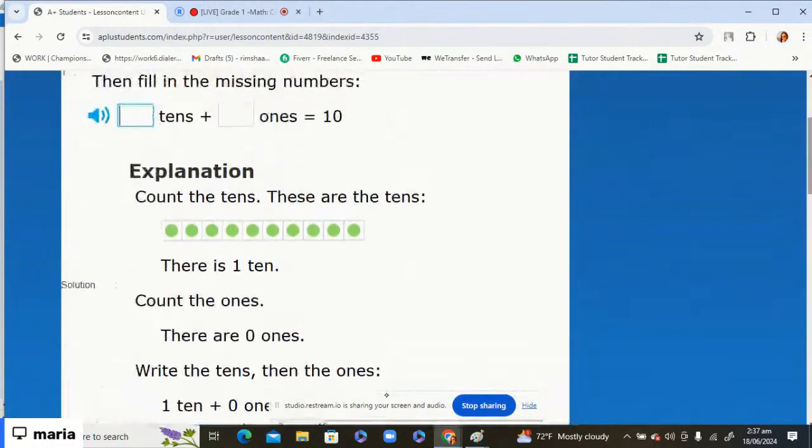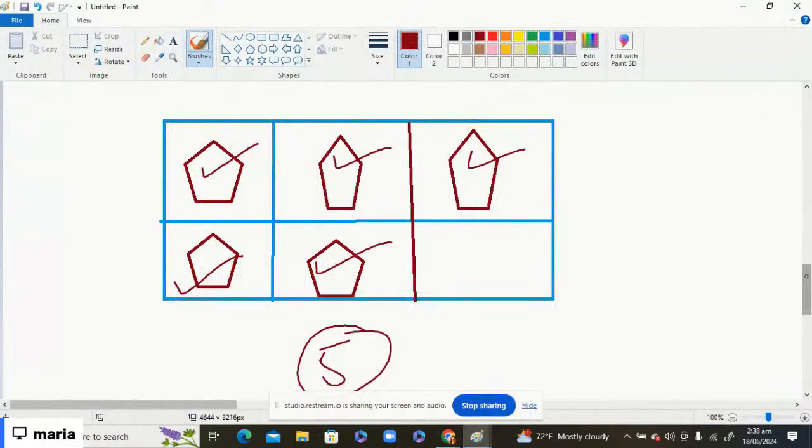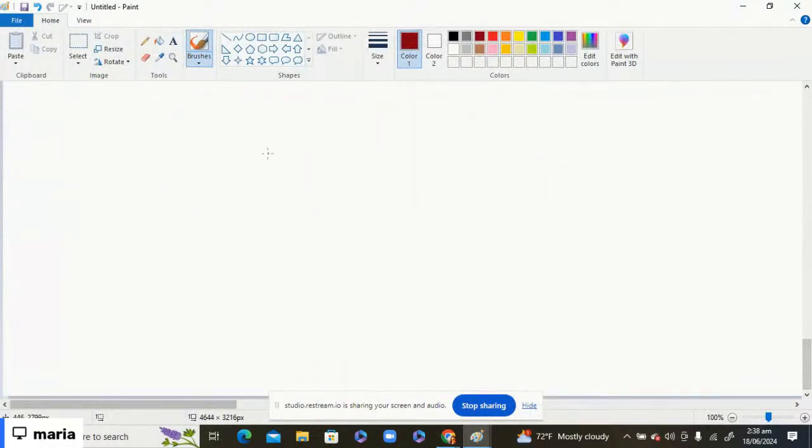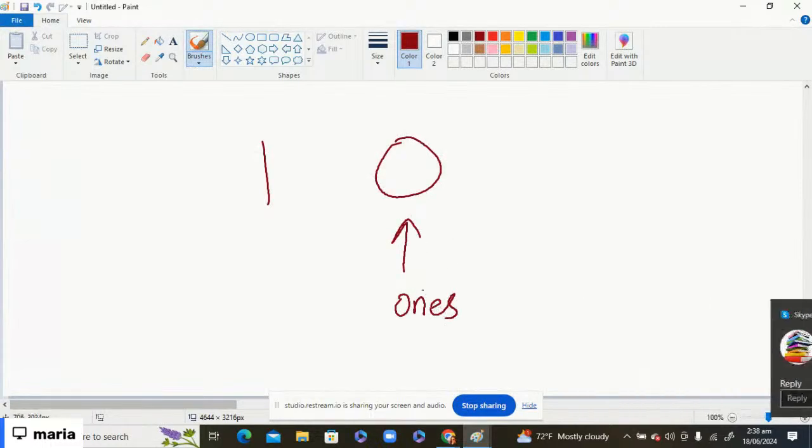So look at here, fill in the missing number. You just need to understand one thing. For example, here is this one. This one is in the ones place and this one is in the tens place.